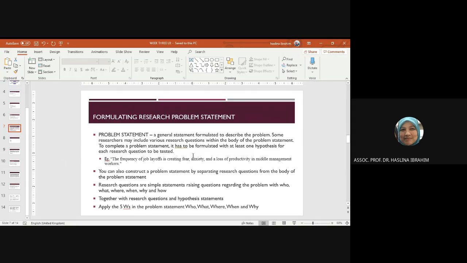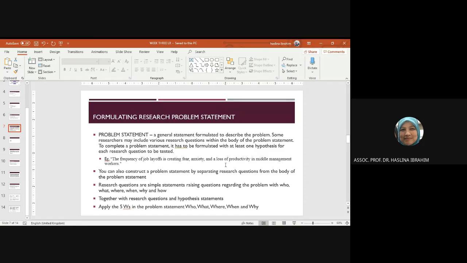So what is a problem statement? Can you see the slide? A problem statement is a statement that describes the problem, the research problem. Some researchers may include various research questions.